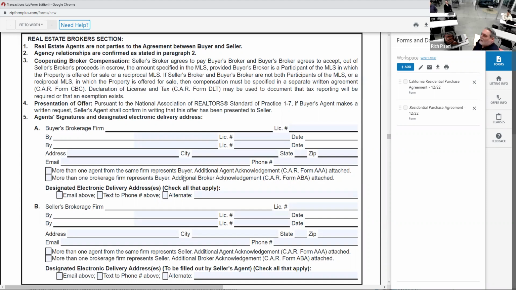Presentation of offer, NAR Standard of Practice 1-7: if the buyer's agent makes a written request to the seller's agent whether the offer was presented, the seller's agent shall confirm in writing that this offer has been presented. That's all they need to do.